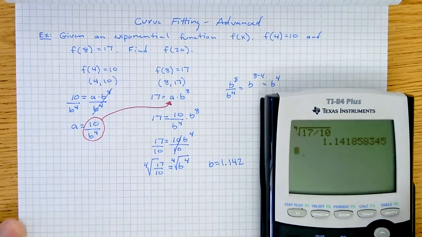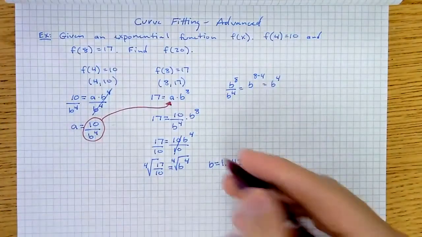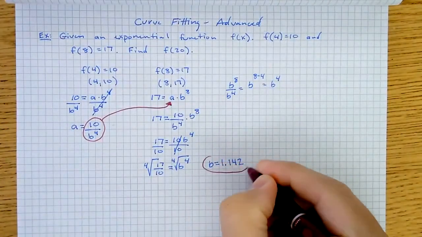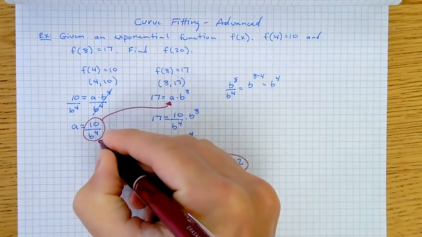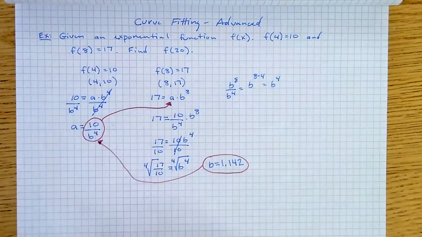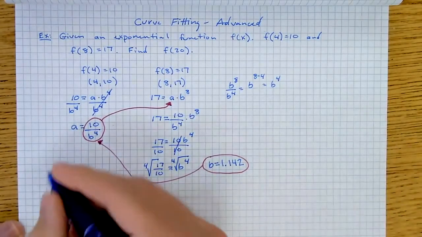Okay, so now, just like we did before, we're going to take that value and plug it in for b back here.